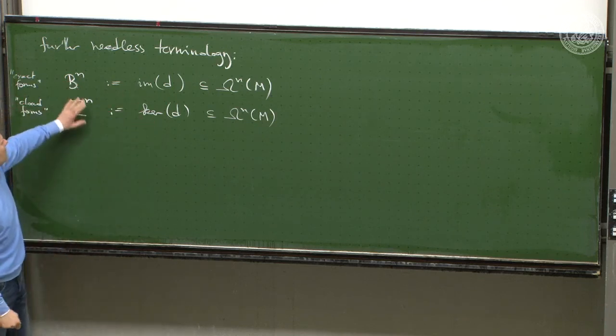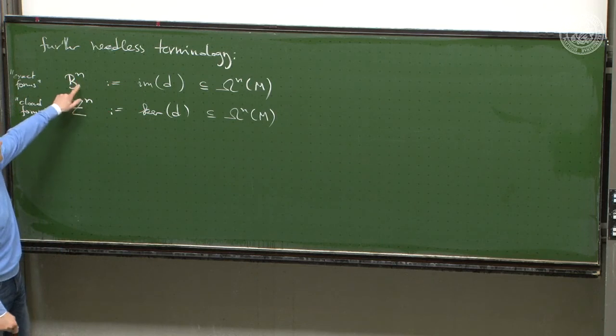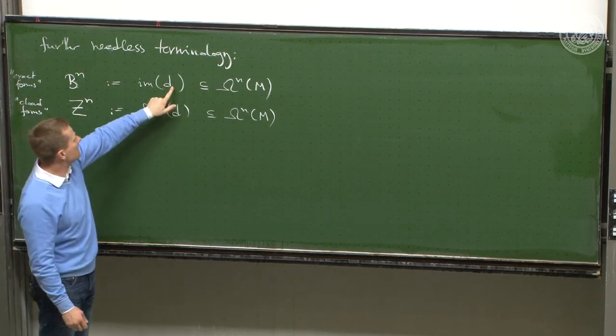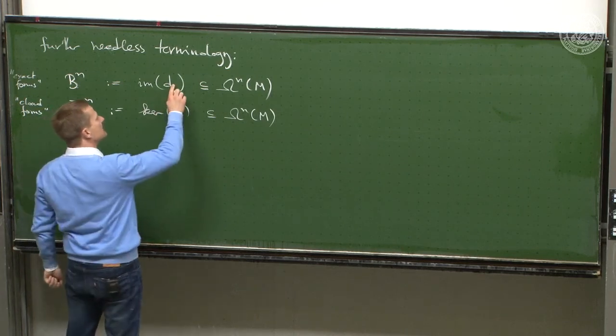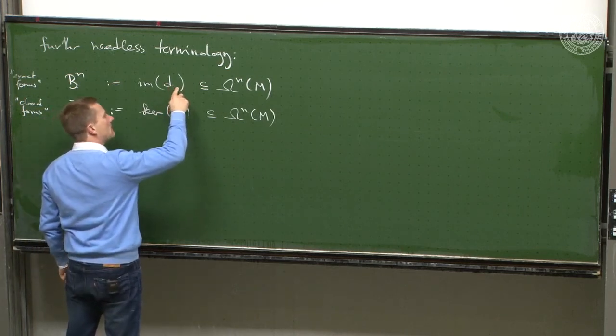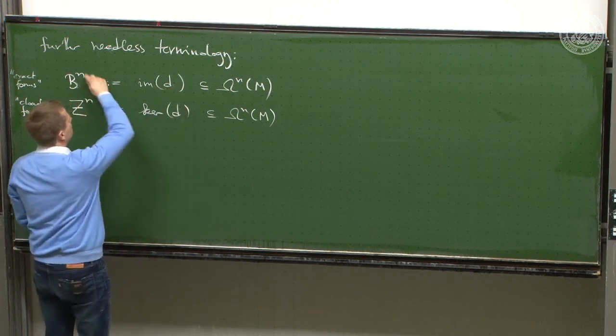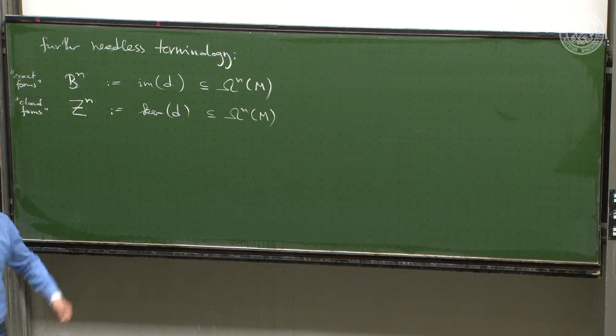Well, maybe there's some virtue to it because you say the exact ones of degree n, the closed ones of degree n, and otherwise you here have always to say this is the d that acts on the omega n minus 1, and this is the d that acts on the omega n. But anyway, that's the traditional notation, okay?